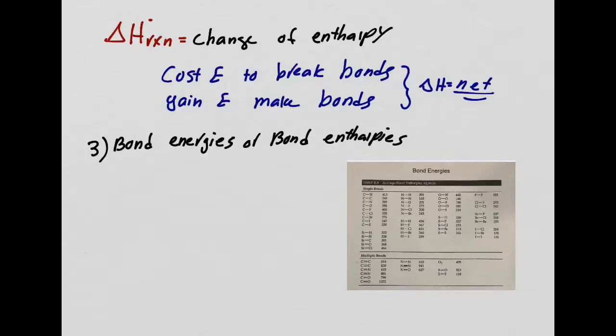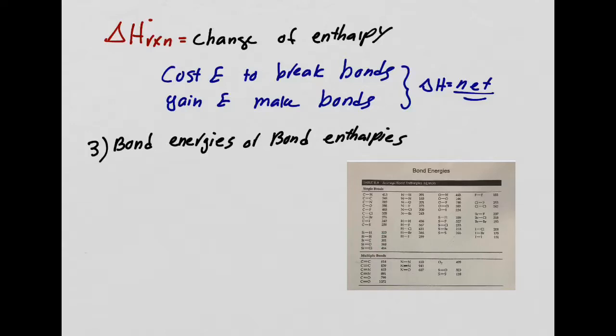Now, if you look at it, all these energies are positive because we need energy to break the bond. So these are endothermic. Now, if you want to make the bond, what do you have to do? Just make these energies negative. Okay? Because these are energies that we need to break the bond. If you want to make that bond, the values would just be negative.